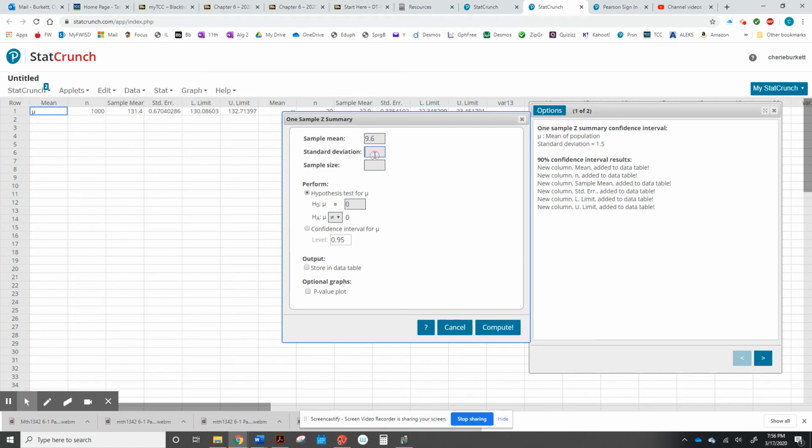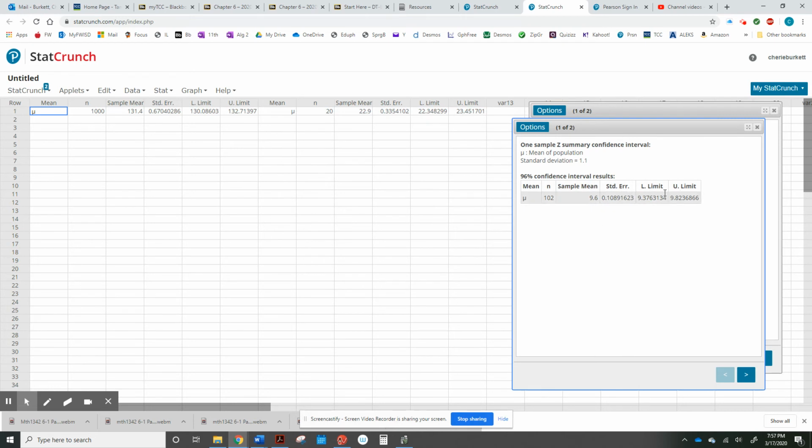Our standard deviation, wasn't that 1.1? Our sample size, I believe, was 102. We're doing a confidence interval for 96%. I don't want to put it in the table. Let's see where else it comes up because that table keeps getting longer. This will show me a picture of it. Okay, so there it is. There's my lower limit and my upper limit.